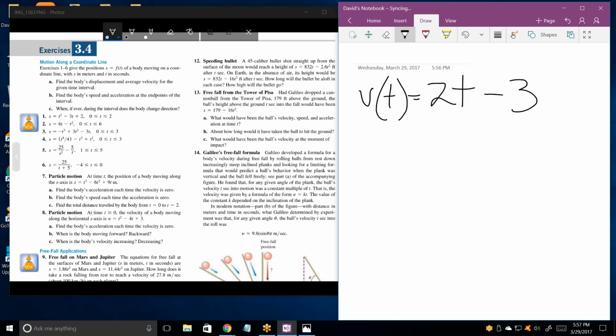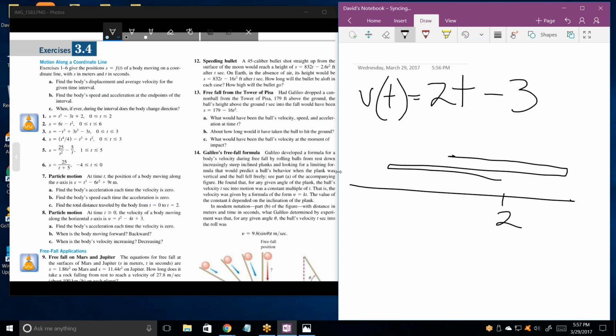In other words, remember what we're doing. We're starting at the point 2. We're initially going this way, and then we're going to go back this way, and then we're going to go back this way, and probably end, we figured we ended at 0. But what's happening at each of these points right here? What is velocity there? It's 0. Yeah, you cannot change directions unless you stop first.